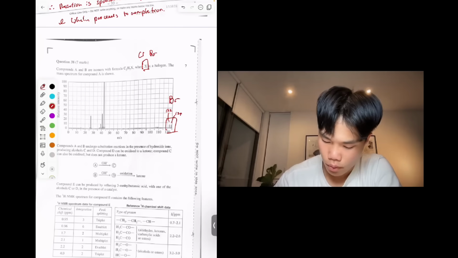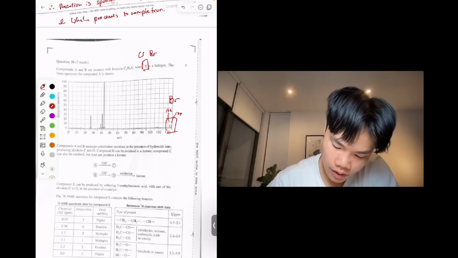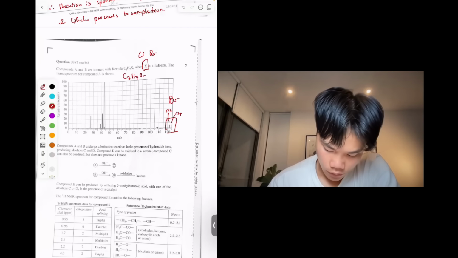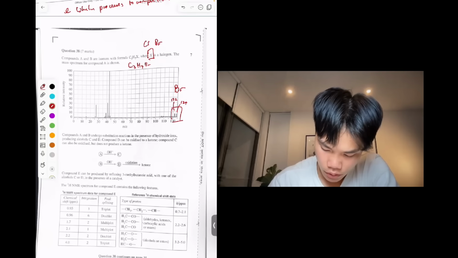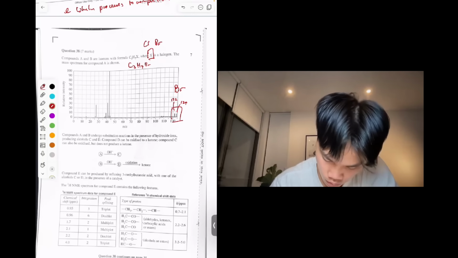This is indicative of bromine. So we'd be thinking that compound A and B are C3H7Br. Compound A and B can be substituted in the presence of hydroxide ions to produce alcohols C and D, and compound D can be oxidized to a ketone.